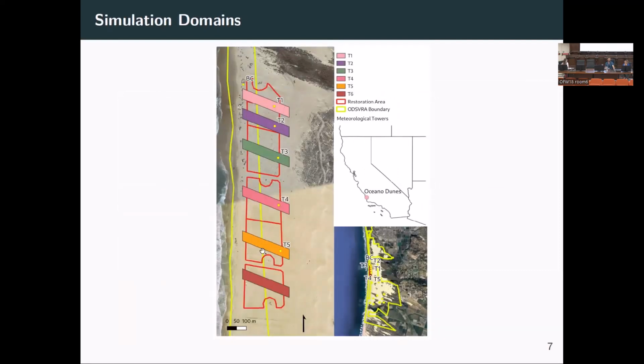We took additional measurements, which I didn't present, and so that tower was moved around, and there was so much dust and sand hitting the anemometers and the electronics that it actually broke the electronics by the end of the few days that it was out there, which is why there's no measurement for T6.